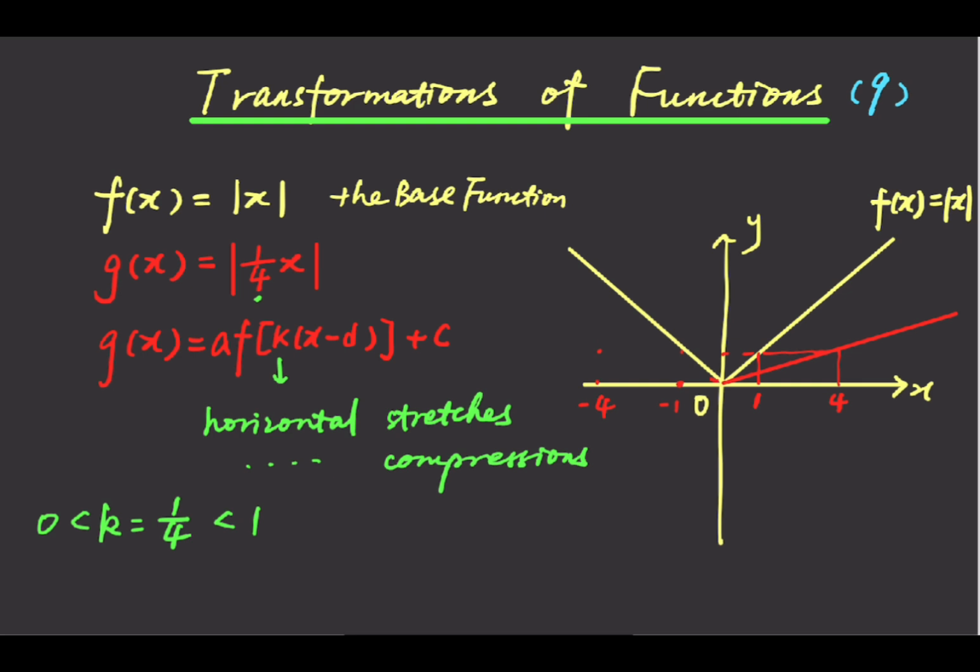This point should be here. We can figure out the left transformed curve should be like this. This is g(x) equals the absolute value of 1/4 x. You need to know this transformed function's graph is composed of this left branch and this right branch. This is the transformed function g(x).